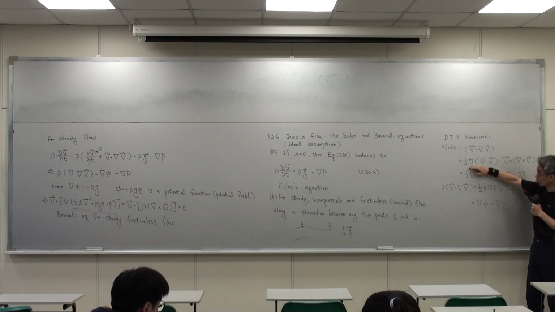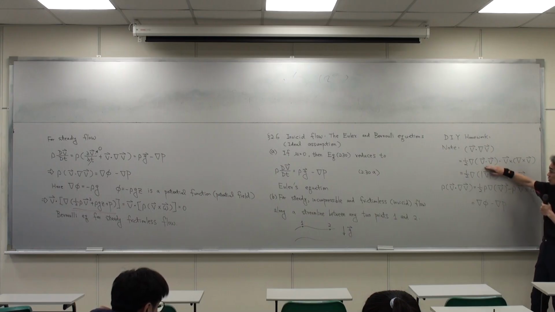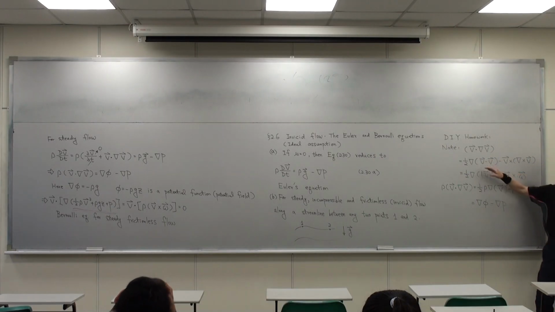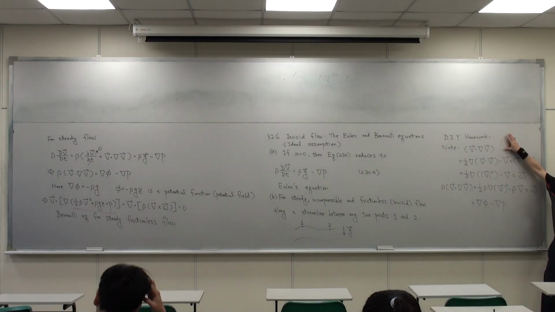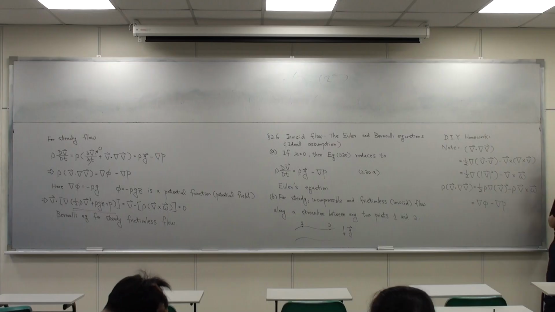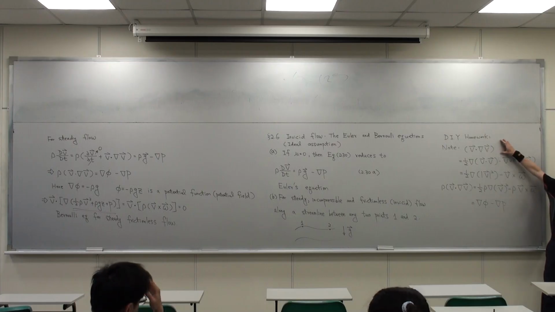Like the gradient of this term, and also the vorticity and the velocity curl. This part I will give you as homework. Because if you know index notation, you should be able to do this.